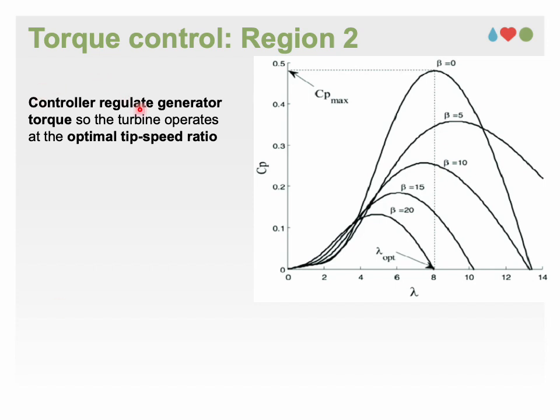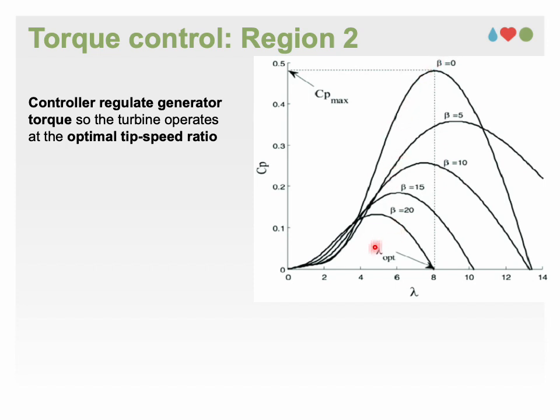Each wind turbine has a diagram called the Cp-lambda, power coefficient versus tip speed ratio curve, where the horizontal axis presents lambda, the tip speed ratio, and the vertical axis represents Cp, the power coefficient, for different blade pitch angles beta.